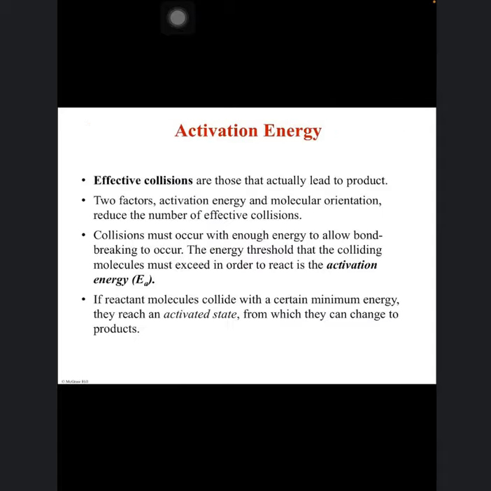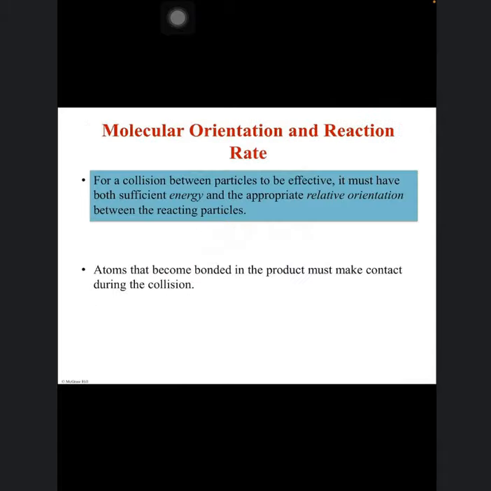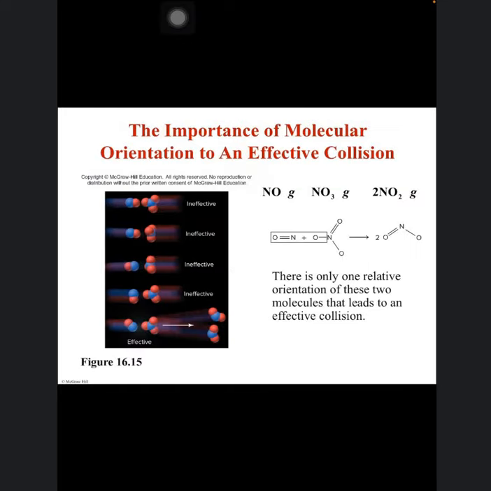Lepas tu ada lagi dekat slide mana if I'm not mistaken, yang ni. Yang ni contoh yang ni pula, dia tunjuk kalau pelanggaran depan ni dengan depan tu dia akan menghasilkan ineffective. So ini adalah berkaitan dengan orientation pula. Okay, tapi you can just have a look at this tapi tak perlu hafal pun. Sebab kita kena tahu dia kena ada correct orientation je. Okay.